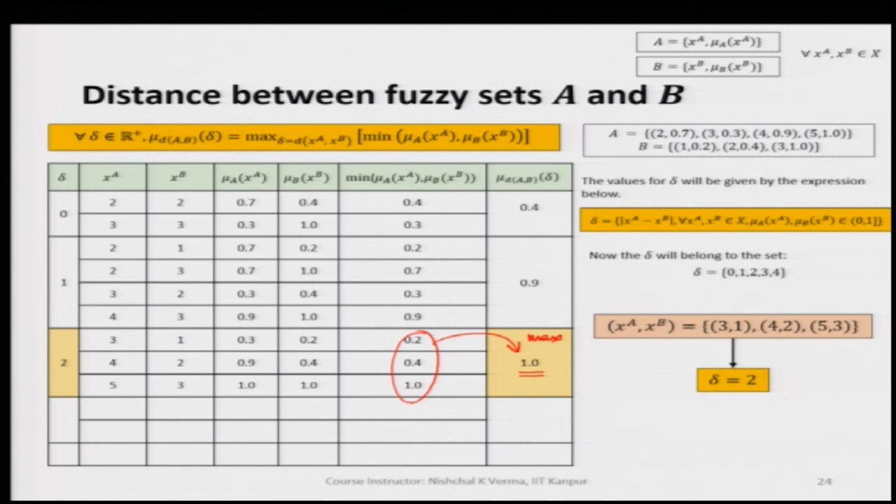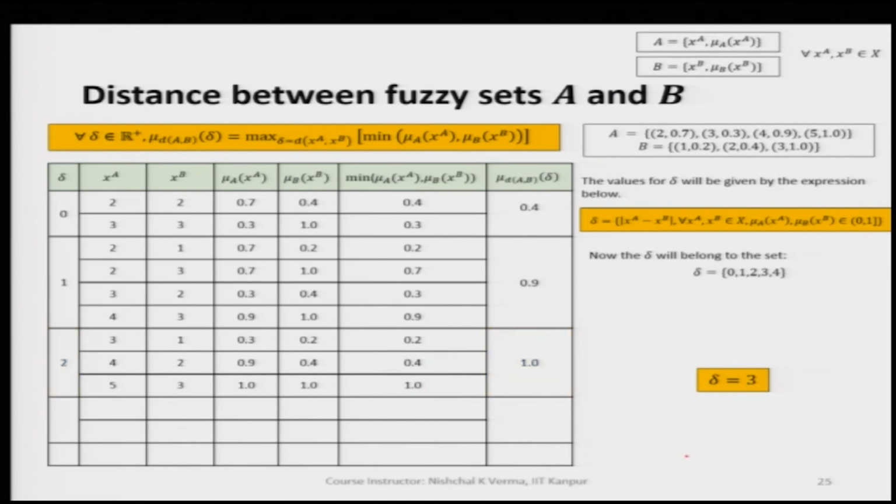Now let us move ahead and find all the entries for delta equal to 3. We see that we have 2 pairs which result in delta equal to 3. So, let us fill these entries as well.